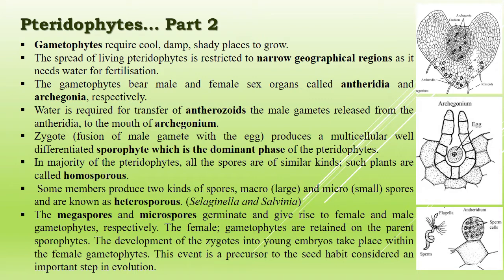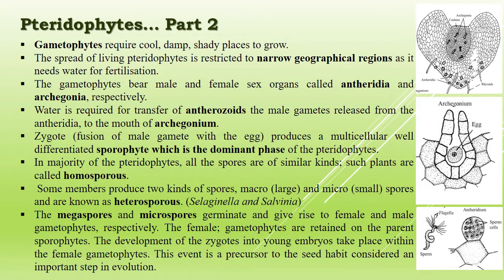The archegonium is a flask-shaped structure where the egg is formed, and towards the tip, neck canal cells are present. The archegonium secretes malic acid and sugar, which attract the sperms or antherozoids. So the antherozoids move towards the mouth of the archegonium.